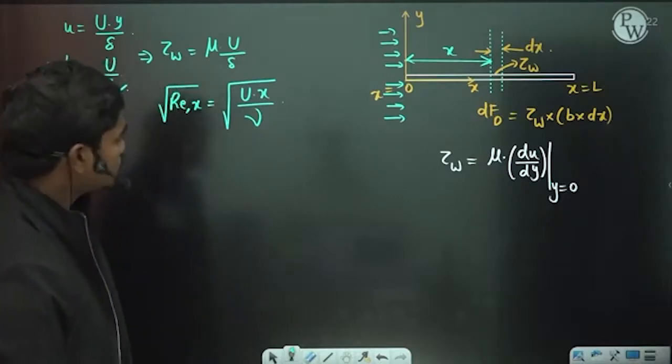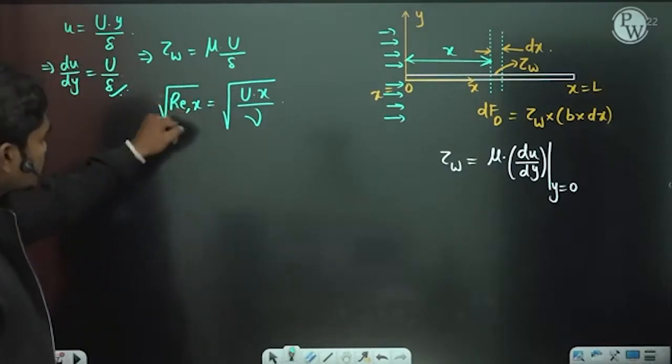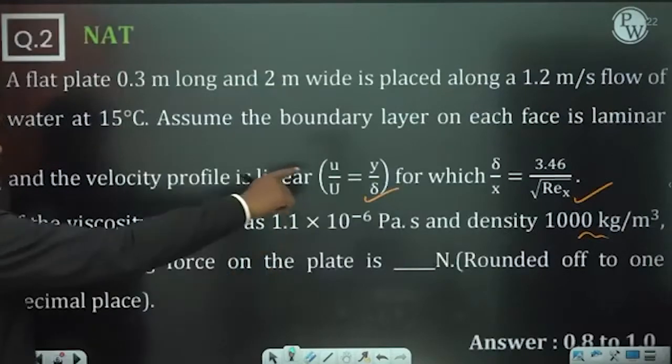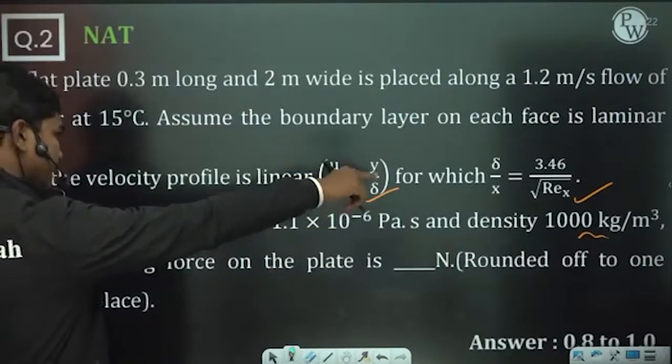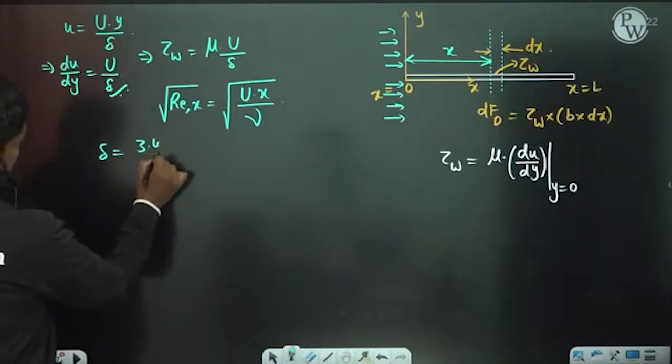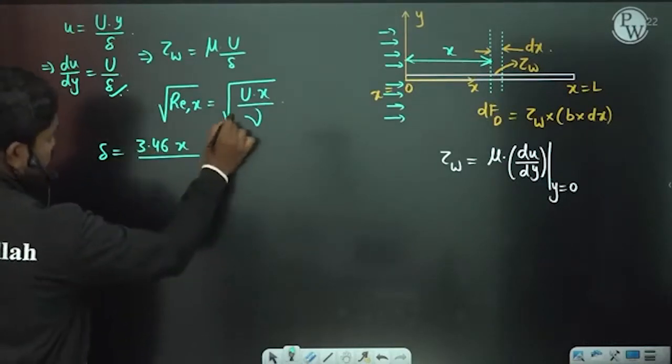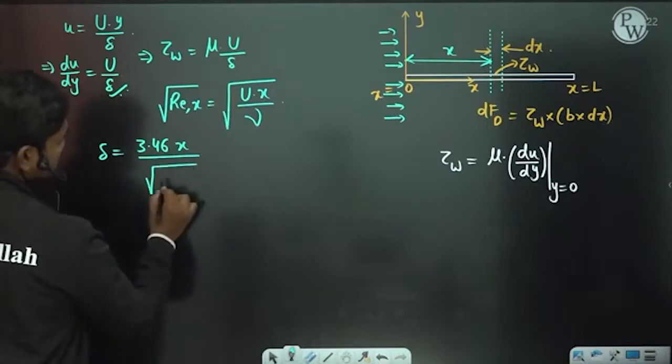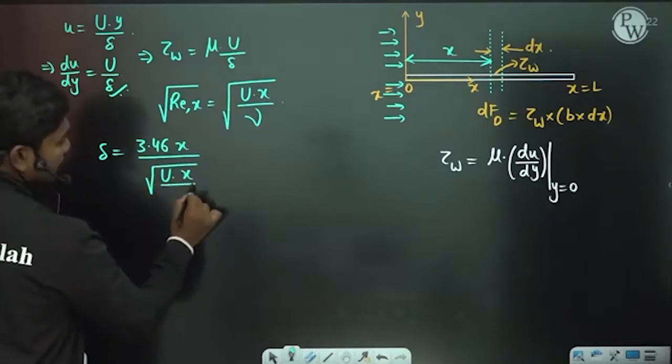This is how we can write the Reynolds number. Now what is the expression for delta? Delta is equal to 3.46 x by root Rex, which is the square root of U x by nu.